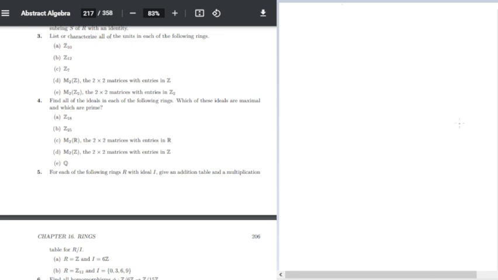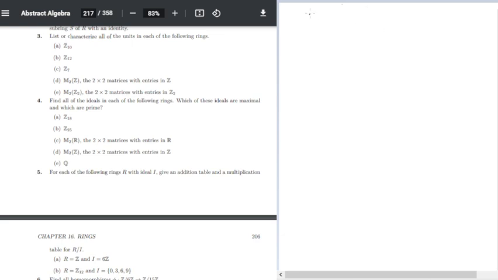I can't think straight. The thing is, there are so many matrices that I can't think of all possible ideals. Oh, wait. I'm thinking. Okay. That's kind of cool.